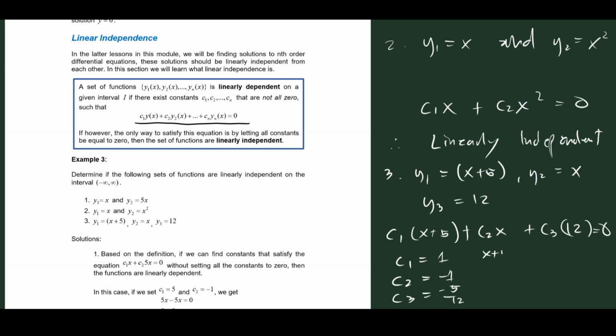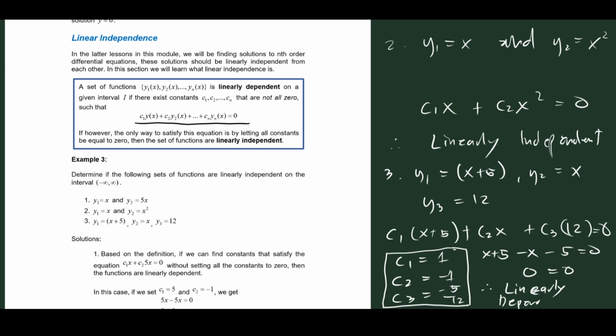You will get x plus 5, then minus x, and then minus 5, right? So that will be equal to 0. Okay, so this is 0 is equal to 0. The fact that we found constants other than setting them all to 0 means that this is linearly dependent.